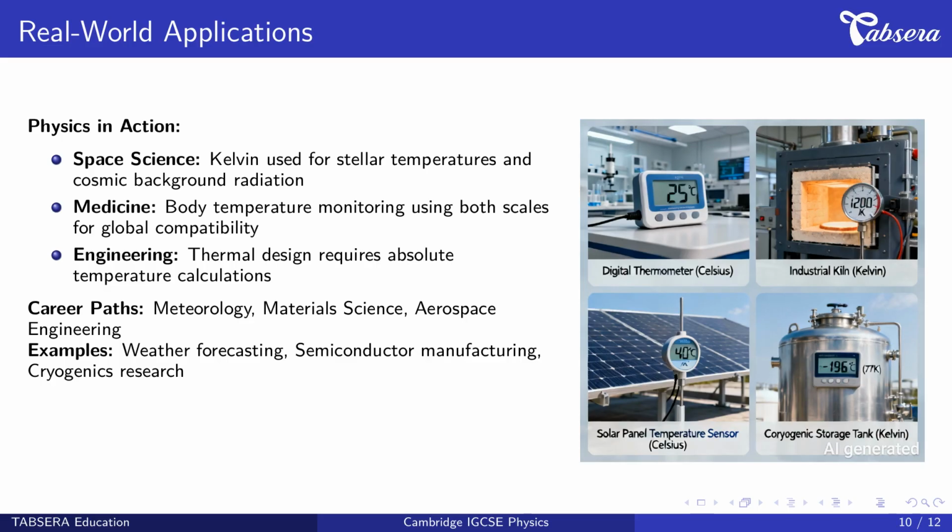In engineering, thermal design requires absolute temperature calculations using Kelvin for heat transfer equations, thermal expansion calculations, and efficiency determinations in engines and refrigeration systems. These applications show why understanding both scales matters.